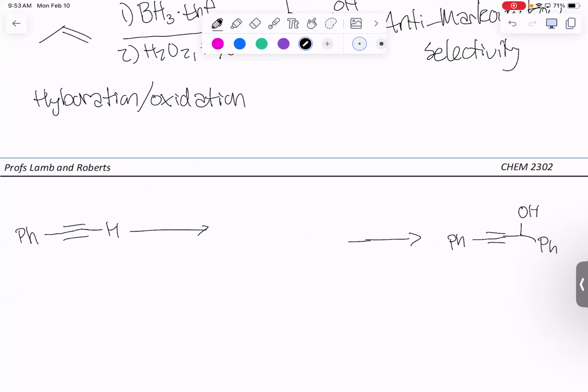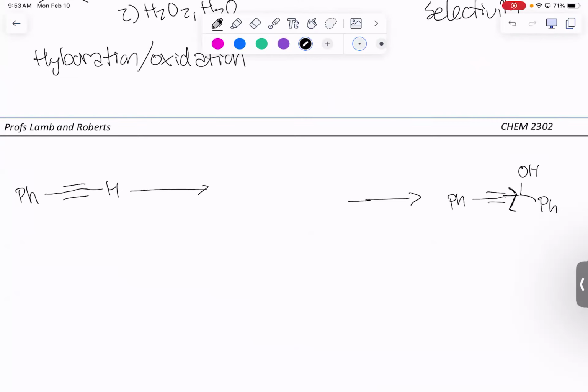So it seems like we have an alcohol that we're forming. In the last chapter, we would have broken our alcohol at that position there. That means in order to make that molecule, we would have needed an aldehyde for that right side half, and we would need an organometallic to make that.